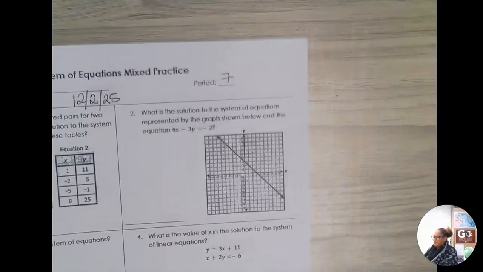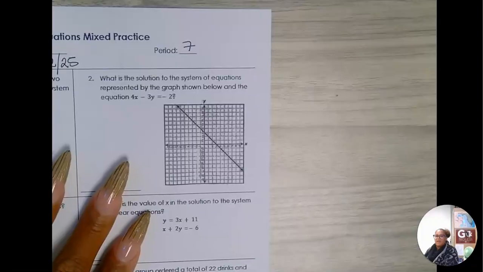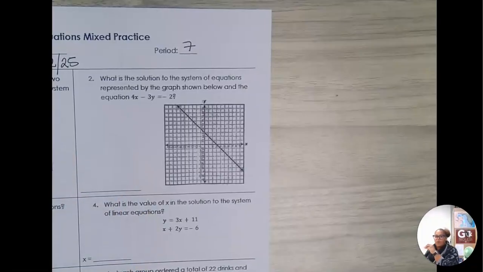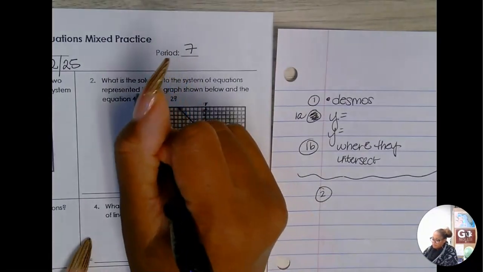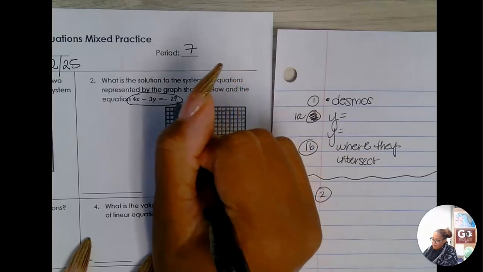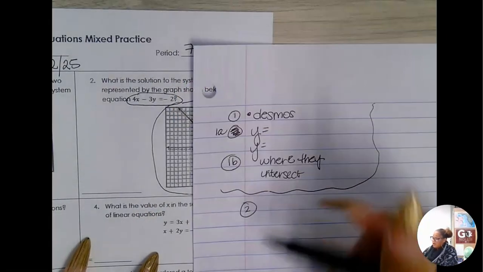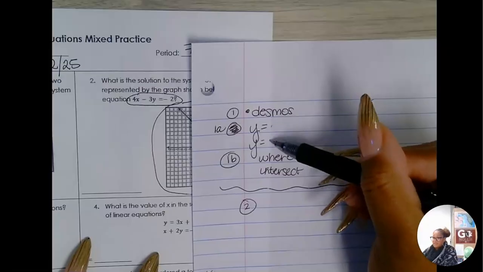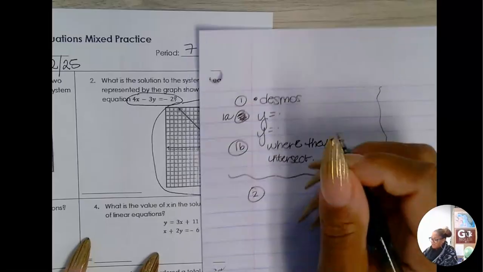Okay. Number 2. What is the solution to the system of equations represented by the graph shown and the equation? So how many things do I have here? I have 2 things. And this one, I had 2 things as well. And my answer is where they intersect.